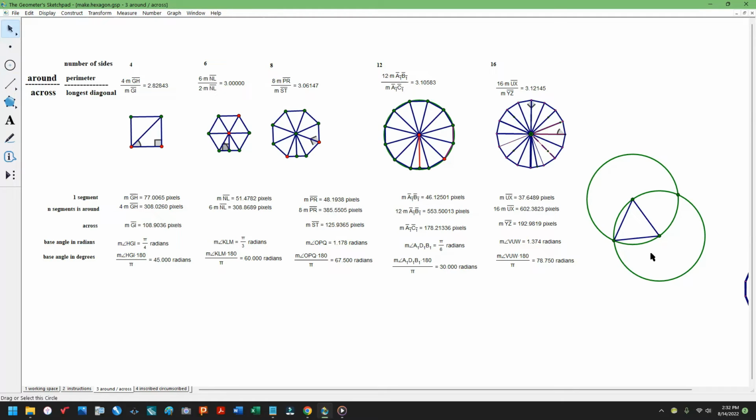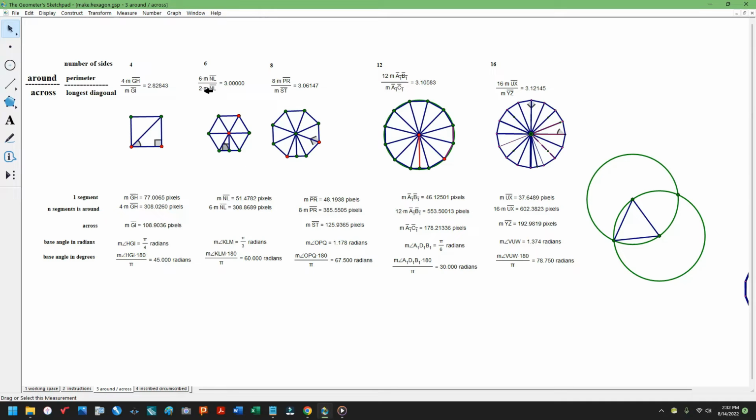There's no diagonal in a triangle. The smallest number of sides that has a diagonal in a regular polygon is a square. That ratio of around compared to across for all squares is 2.825 or thereabouts. For a hexagon, it's 3.